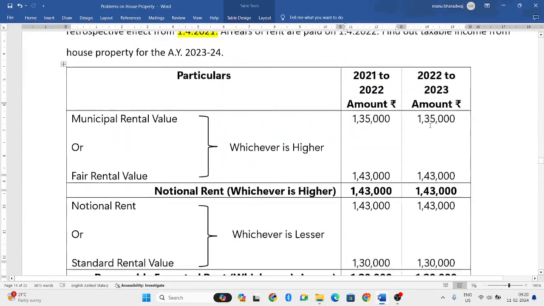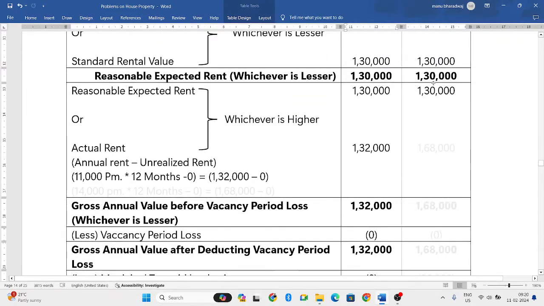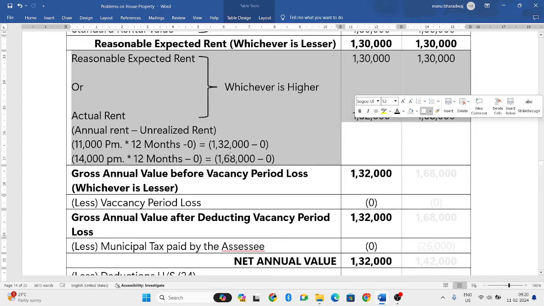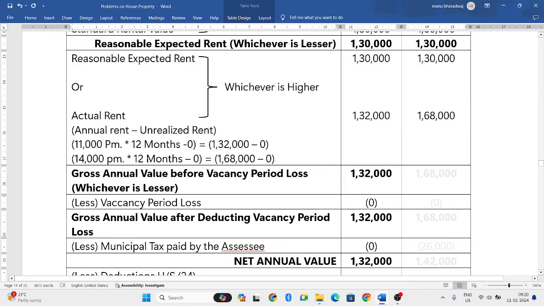Now we have to look at 22-23. Till reasonable expected rent, it is the same. Now here, they have changed the rent to 14,000 per month. So it will be 14,000 per month into 12 months, minus unrealized rent which is 0. 14,000 into 12 is 1,68,000.